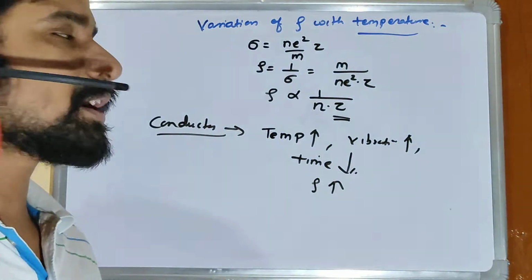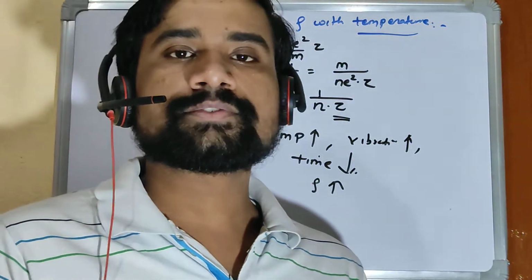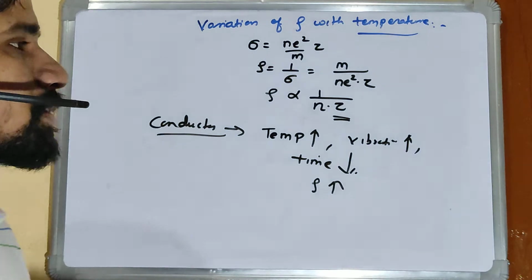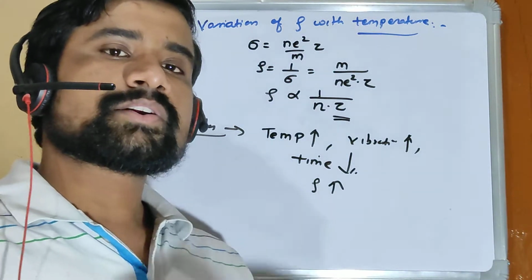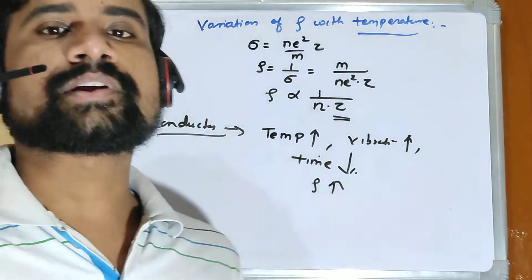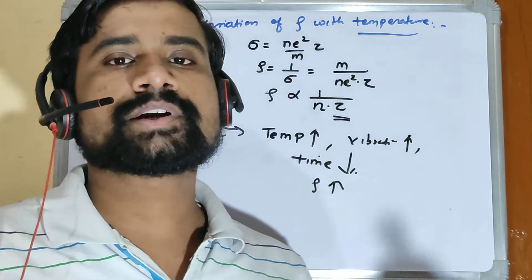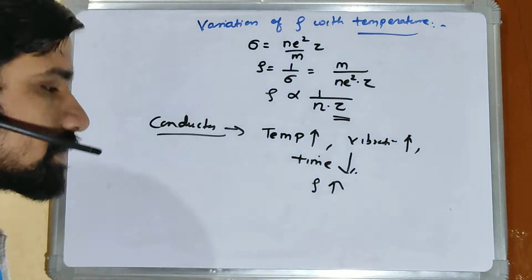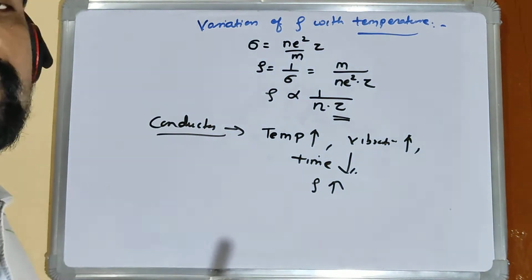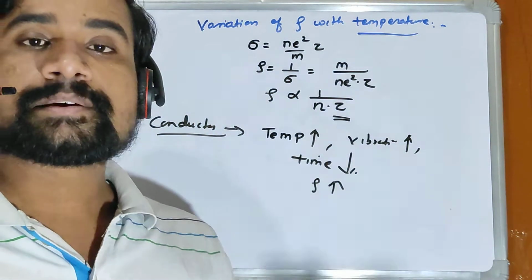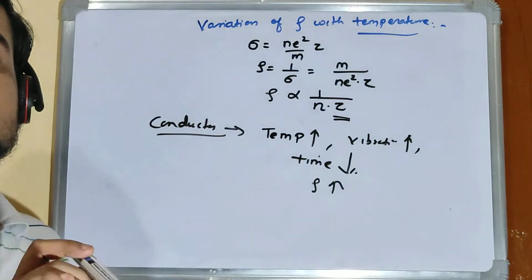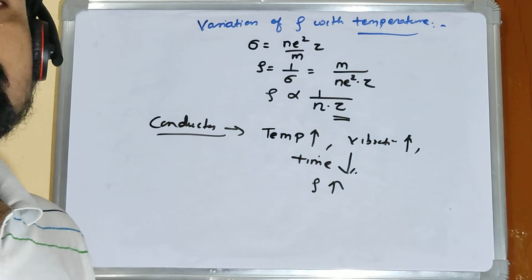Temperature does not affect number density a lot in the case of conductors, because we already know that free electrons are available for conduction, not much bothered about the temperature. So for a conductor, as we increase temperature, resistivity will increase. This is the reason why it is happening.